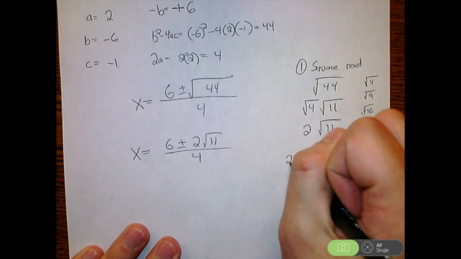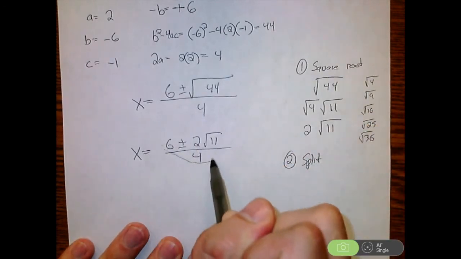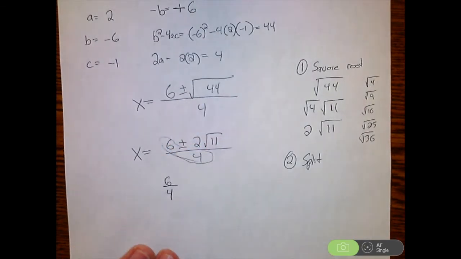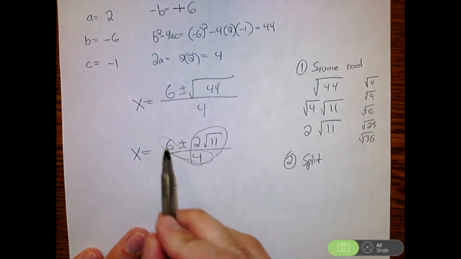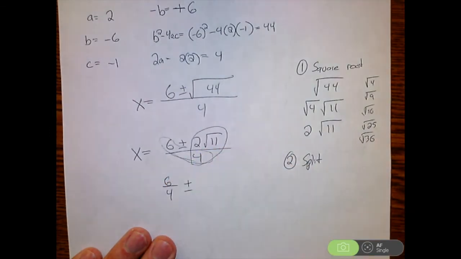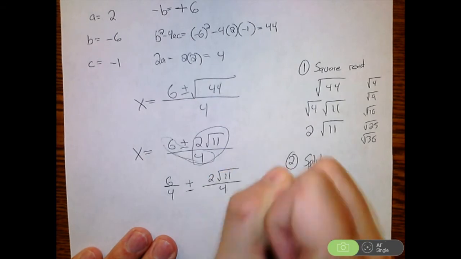The second thing I like to do is split things up. So I look at the left side here, 6 and 4, and divide those two. And then the right side is also divided by 4. So the left side of this plus or minus is divided by 4, and the right side is divided by 4. So 6 over 4 plus or minus 2 square root of 11 over 4.